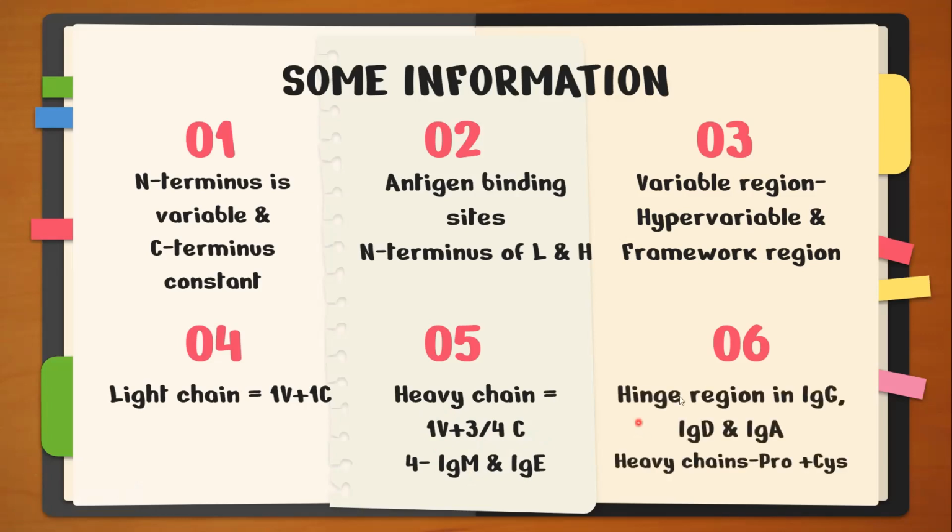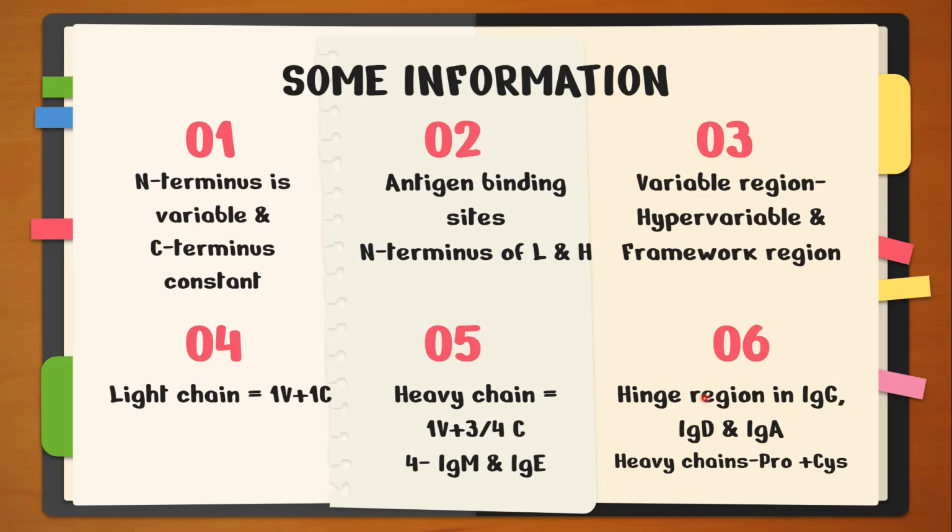Next, there is a presence of the hinge region in basically the IgG, IgD and IgA antibodies. The heavy chains of these have slightly different genes, because of which they form this hinge region, and the hinge region is found to be rich in proline and cysteine.